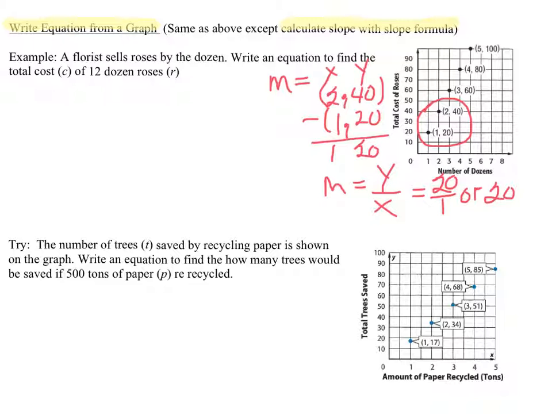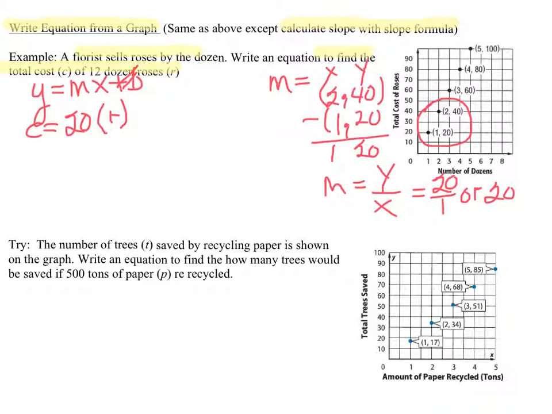So this is a graph showing what a florist does selling roses by the dozen. We're going to write the equation to find the total cost of 12 dozen roses. Write the slope-intercept formula. Substitute in C, the total cost, and M, the slope is 20 times the number of roses.